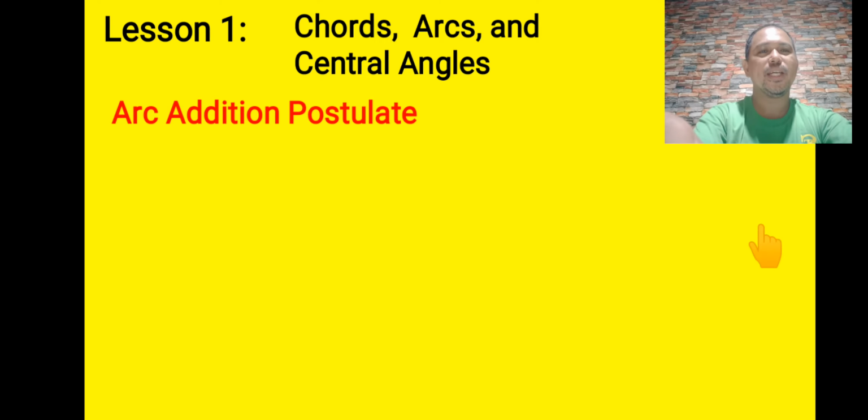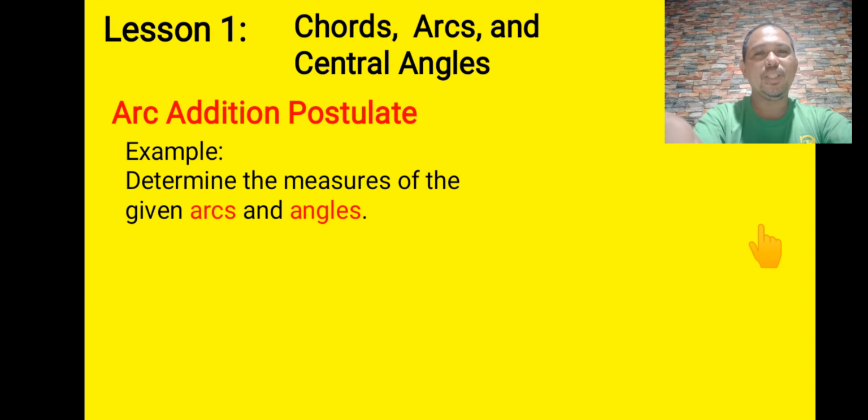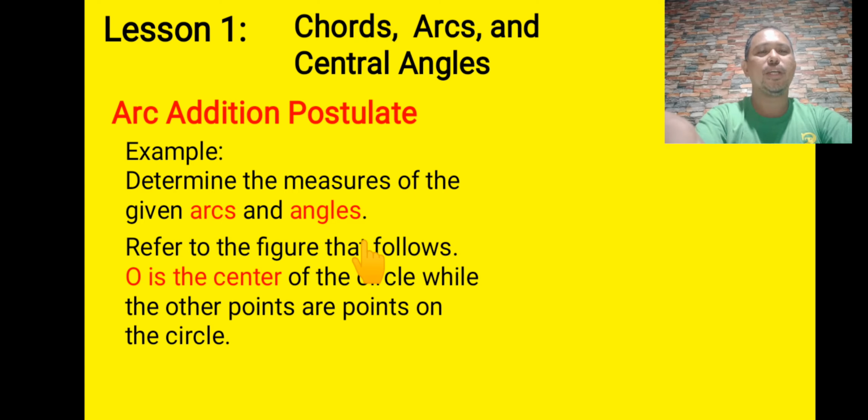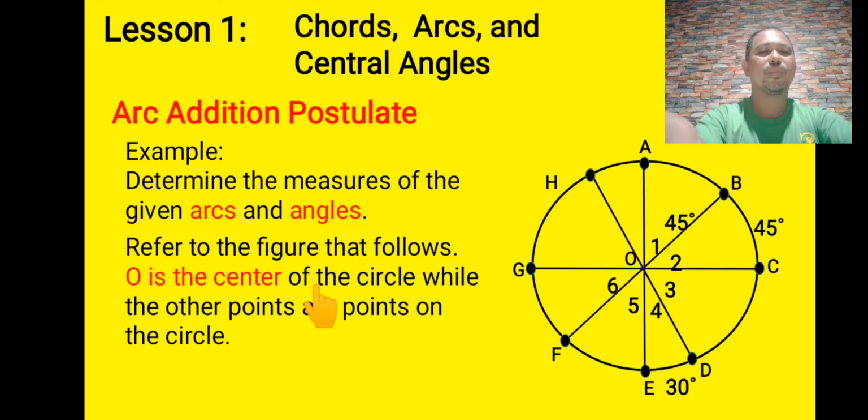Okay. Now, example. Determine the measures of the given arcs and angles. Okay, and you are going to refer to the figure that follows. O is the center of the circle here, while other points are points on the circle.